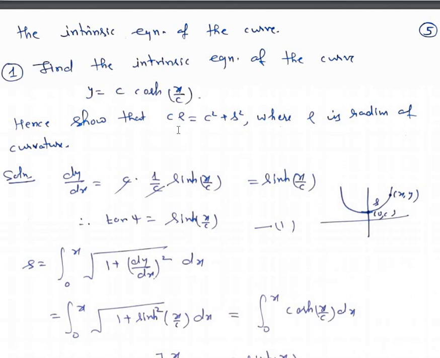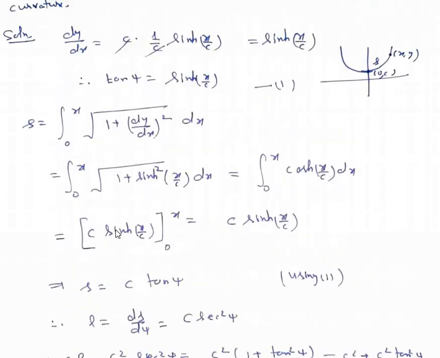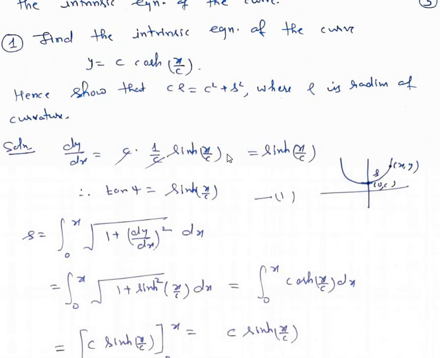Now in the second part we have to show that c into rho is equal to c square plus s square, where rho is radius of curvature. Now formula for rho is ds upon d psi. So therefore rho is equal to ds upon d psi is equal to c into sec square psi. Now multiplying both sides by c, because we want c into rho on the left hand side.